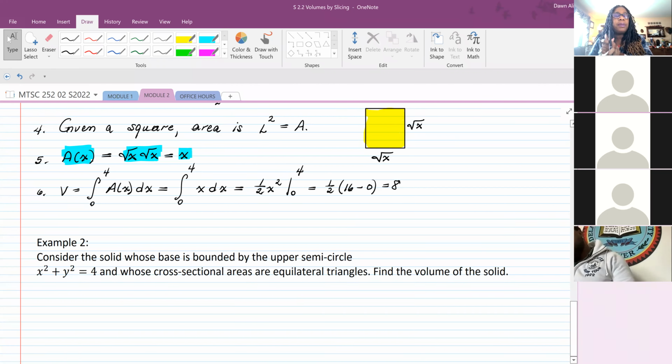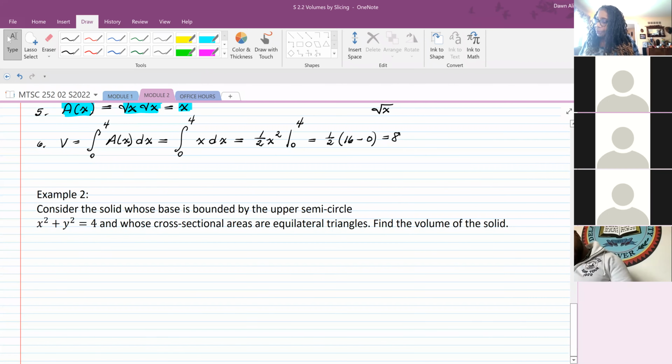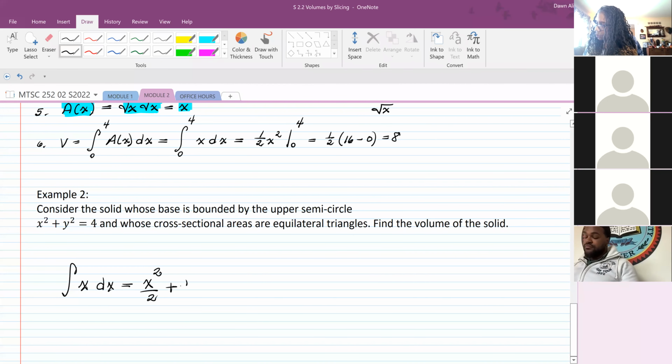That's from x to the n plus 1 divided by n plus 1, the power rule for integration. Oh, okay. All right, I see it now. Thank you. You're welcome.